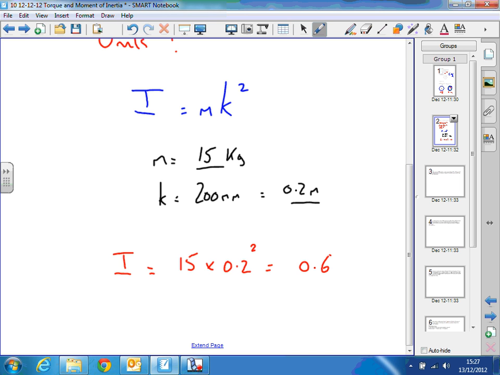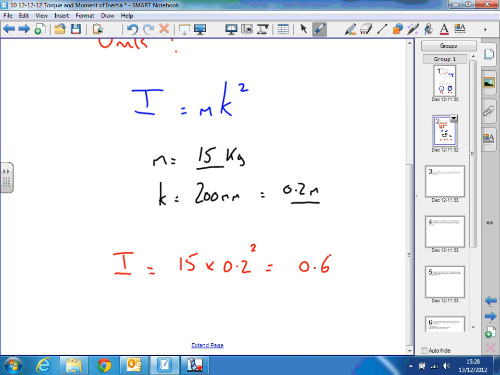Right, okay. So be careful then, because it didn't work going the other way, did it? Because of the square term.